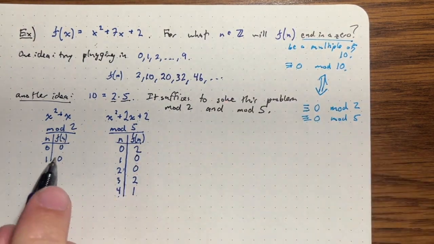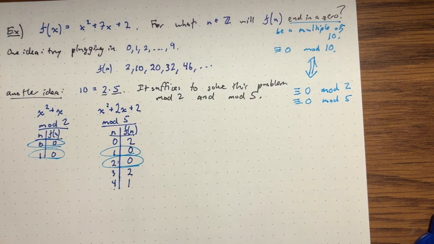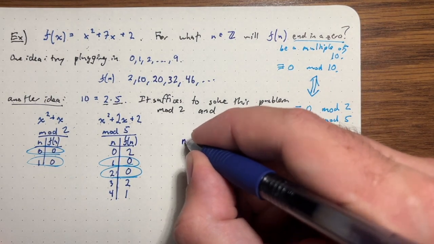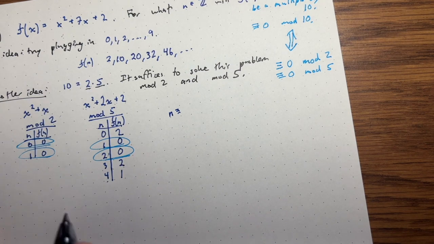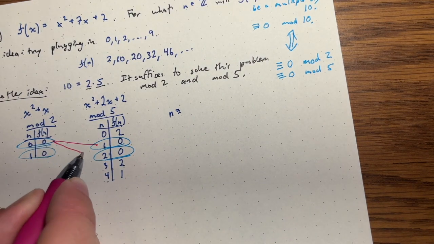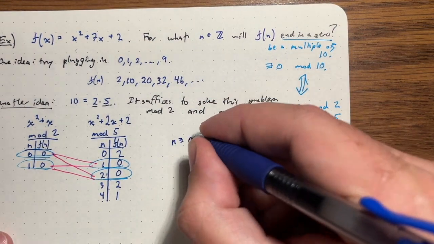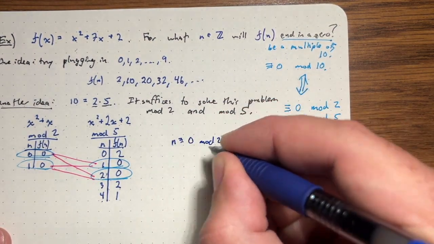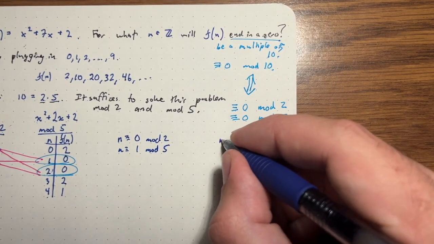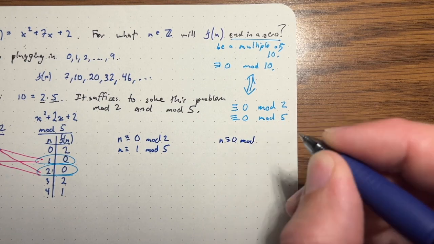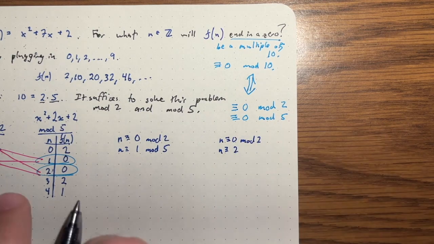Well, these are the ones I want to look at. I want to find the values of n. So there are actually 4 possibilities I can do. This one and that one. I could have that one and that one. I could have that one and that one. Or I could have that one and that one. So let's say n is congruent to 0 mod 2, and n is congruent to 1 mod 5. I could also have n congruent to 0 mod 2, and n is congruent to 2 mod 5.